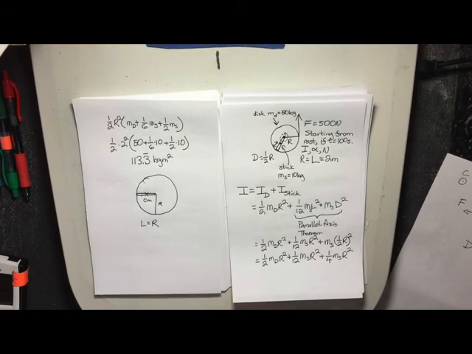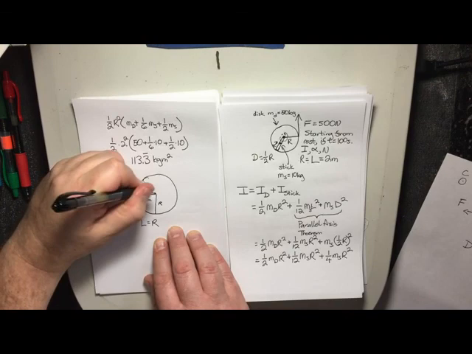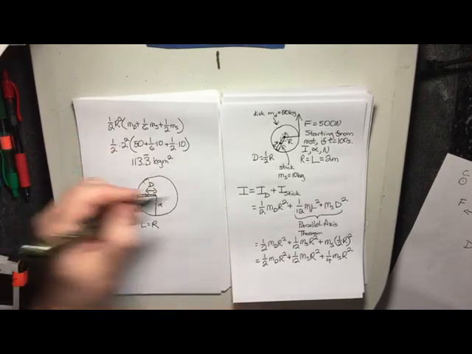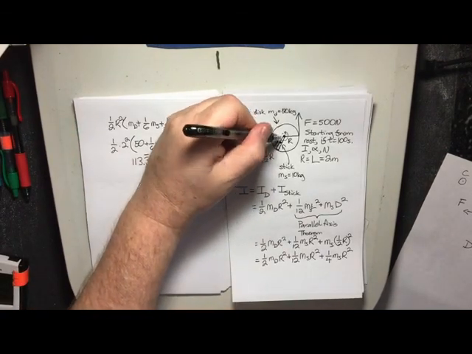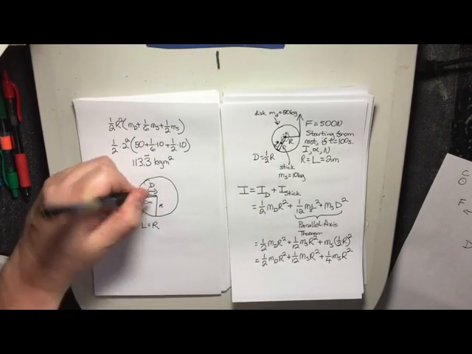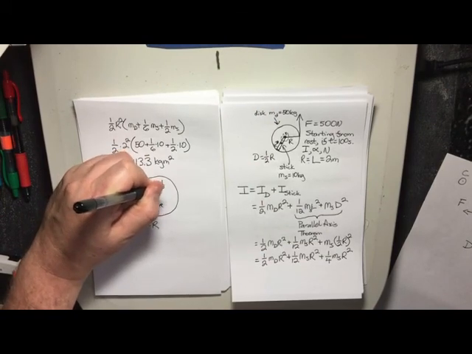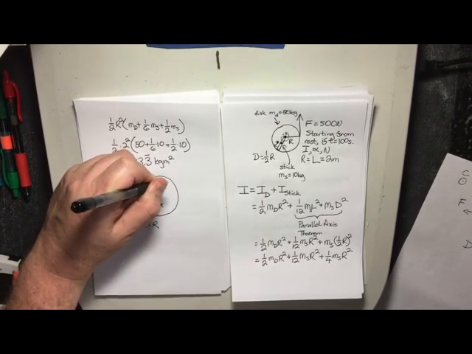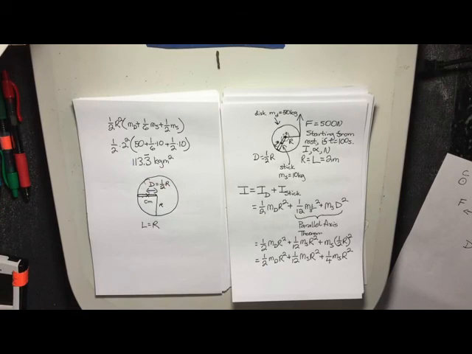D is the distance from the center of mass of the stick to the rotation point. I should have written this from there to there, not from there to there. But in either case, it doesn't matter, because this distance D is 1/2 R. And that's why I chose a D of 1/2 R.